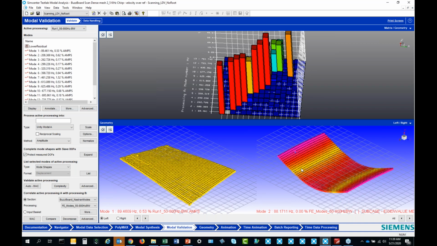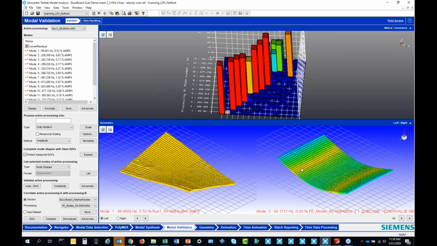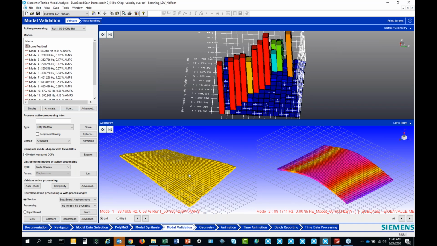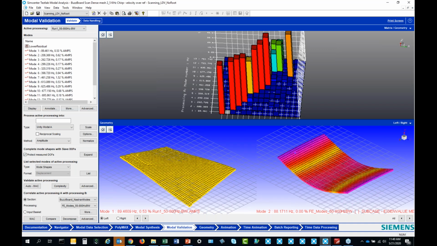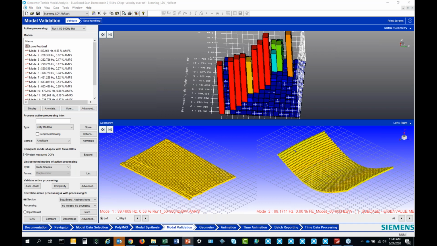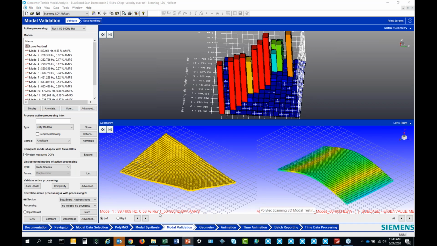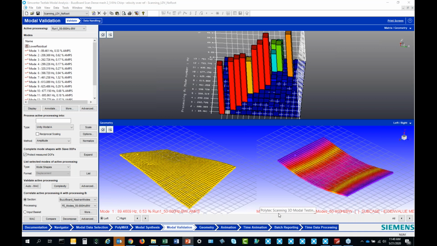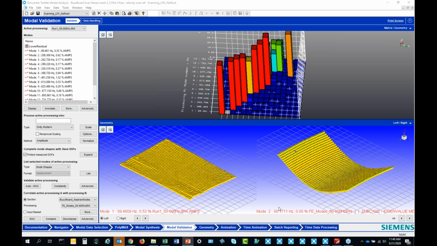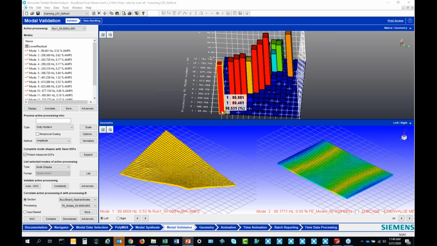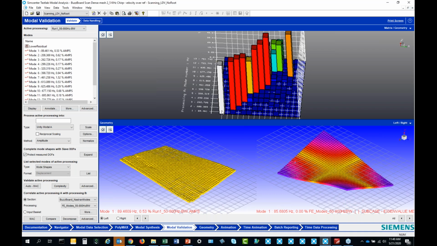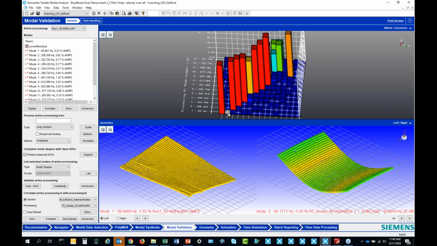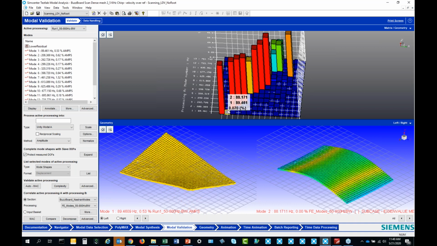So it wasn't very well excited, and with the single degree of freedom curve fitter, we weren't able to pick up that first bending mode. That illustrates the case of closely spaced modes: the first torsion mode is at 89 hertz, and the first bending mode was at 88 hertz from the analysis. So very close in frequency.